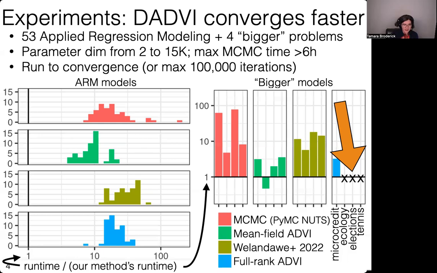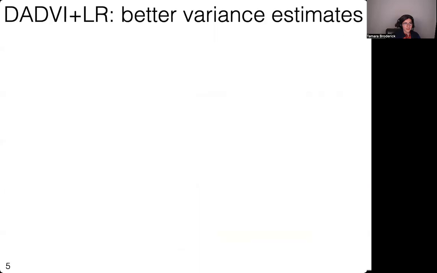We want to check performance on estimating posterior means, and we want to check performance on estimating posterior variances. We find in our experiments that we're basically the same on posterior means. There's no big difference, and that makes sense because we don't really expect a mechanism for that. But we do expect a difference in posterior variances, and so we're going to look at that now. And I'll encourage you to check out the paper for the comparison on posterior means.